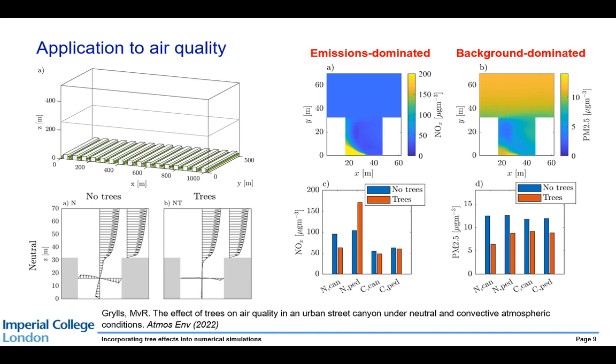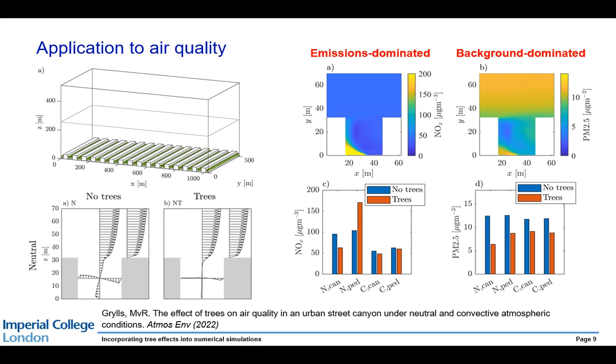And you can see that at pedestrian level, the effect of trees is pretty significant, and in fact it can cause air quality to deteriorate, and this is shown on the bar chart on the bottom right. And this effect you see in the neutral case. You don't see it in the convective case, but you get very close values, and I'll touch on that on the next slide.